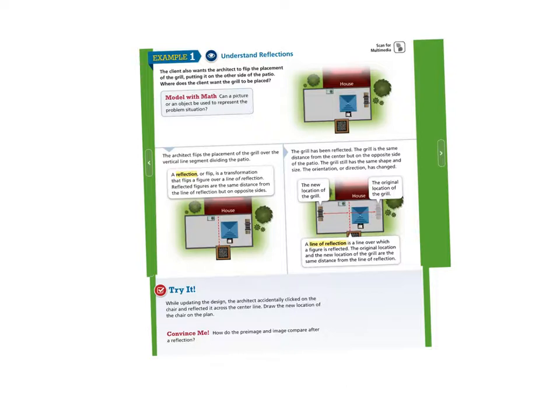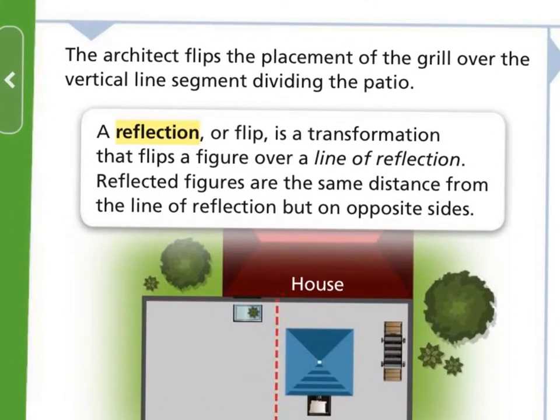When you look at your reflection in the mirror, everything gets flipped around. If something looks like it's on the left, it's really on the right, for example. So reflection flips a figure over a line of reflection. Another way of thinking about reflection is like a mirror image.